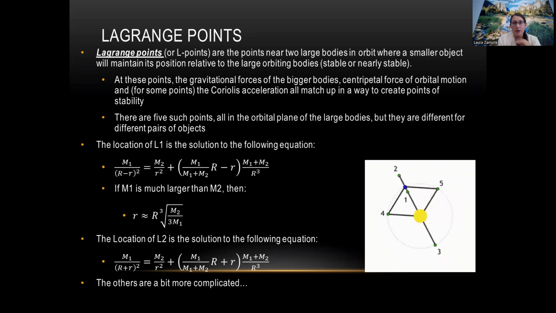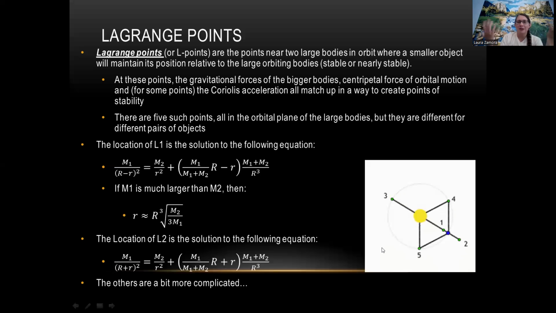So for example, Jupiter has more than 1 million of these Trojan satellites in its L4 and L5 points. So they're just like 1 million random objects orbiting around with Jupiter in its same orbit, purely because of these forces matching up to create these stable zones.